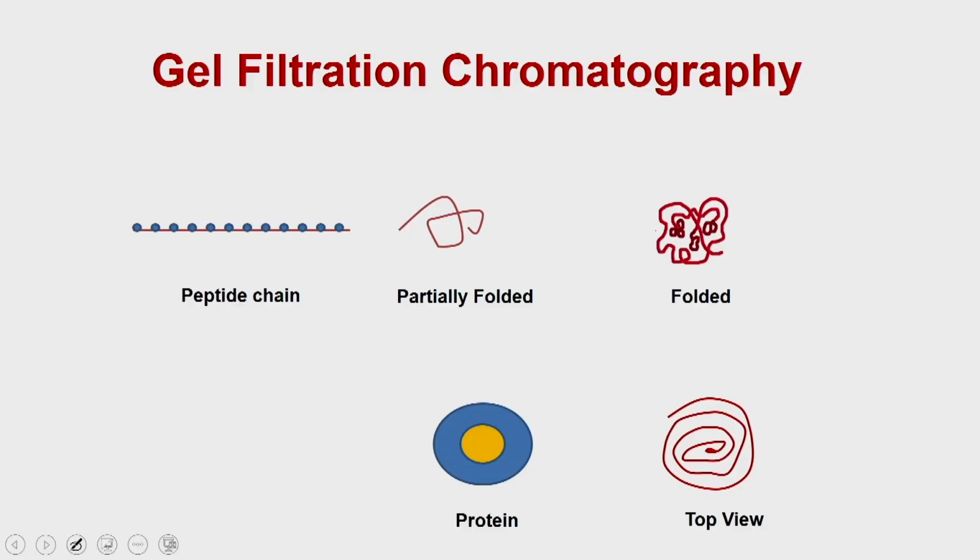So, now you can imagine that proteins are nothing but made up of a peptide chain which is made up of different amino acid residues. Initially, when they are synthesized from the ribosome, they are synthesized as a linear chain, and that linear chain form is called the extended form.